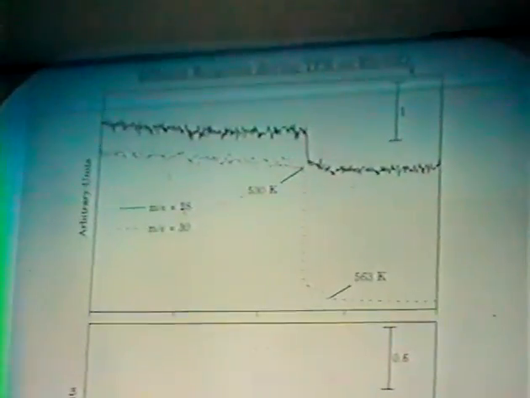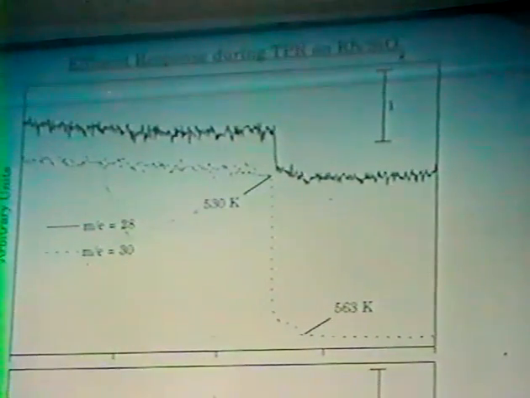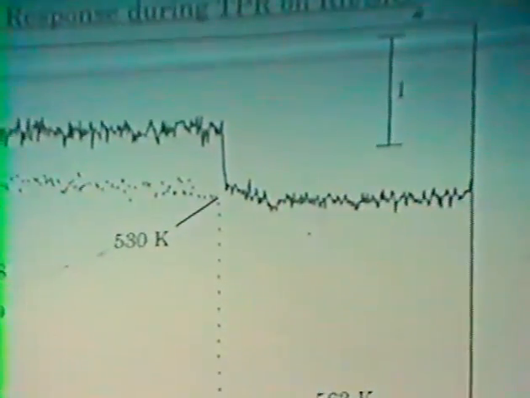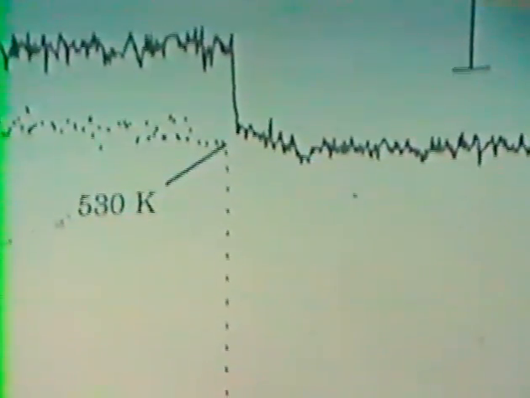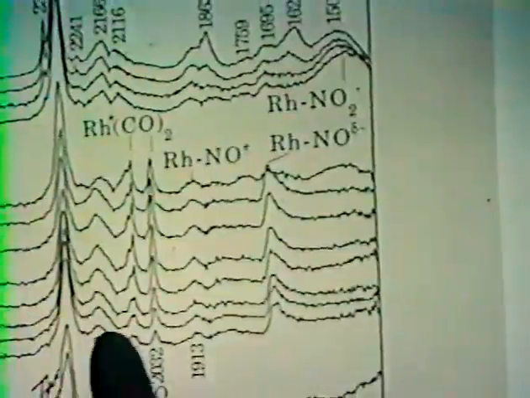So as you can see, there's a little bit of reaction at a low temperature range, and the extensive reaction occurs at 530 K, and the near complete conversion of NO occurs at 573 K. And let's take a look at the infrared spectrum here.